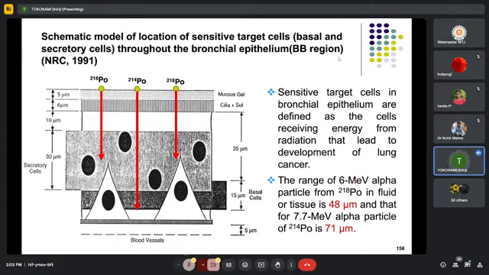The range of 6 MeV alpha particle from polonium-218 in tissue is 48 micron, and that for 7.7 MeV alpha particle of polonium-214 is 71 microns. Target cells: basal cells and secretory cells.